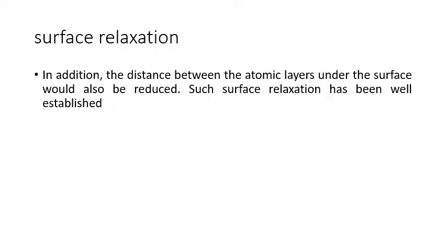In addition to this, the distance between atomic layers under the surface would also be reduced. Such surface relaxation has been well established in the system. Relaxation in the top surface is one of the ways to reduce the energy.